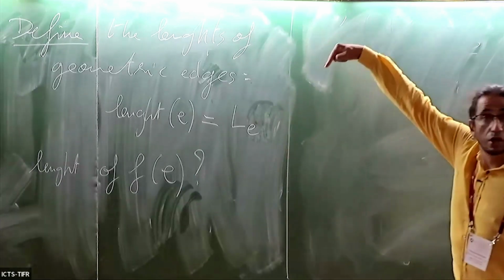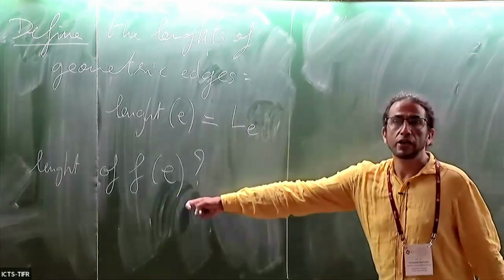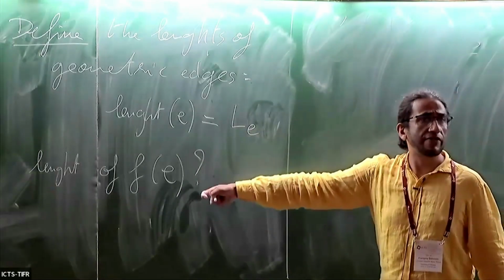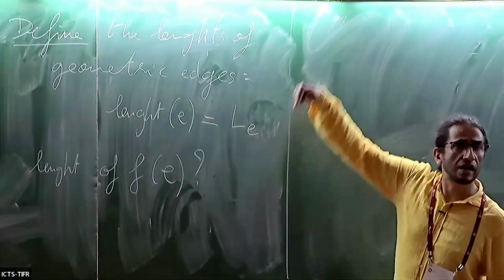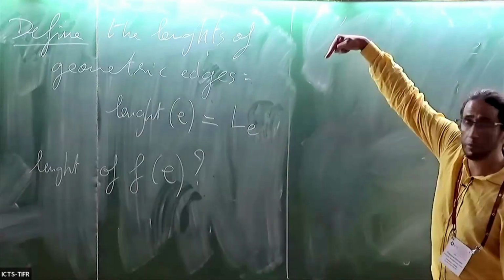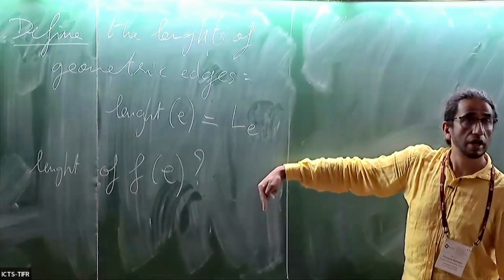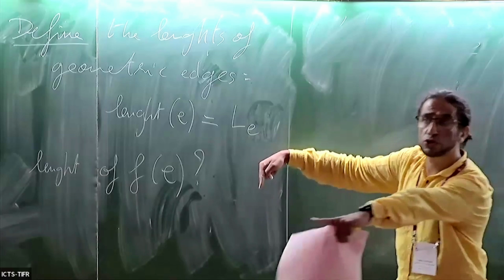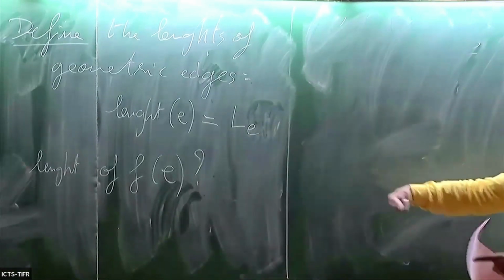Okay, what's the length of f of E? I collect all the edges inside f of E, and they are listed in the column of M corresponding to E. And for each of these edges, I must multiply by the length of the edge.